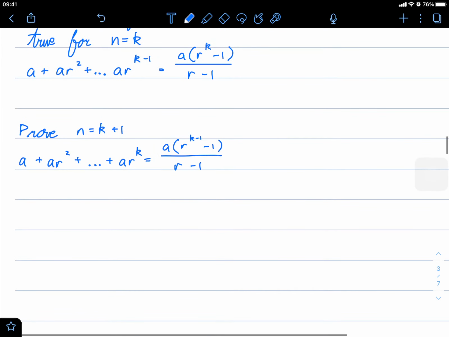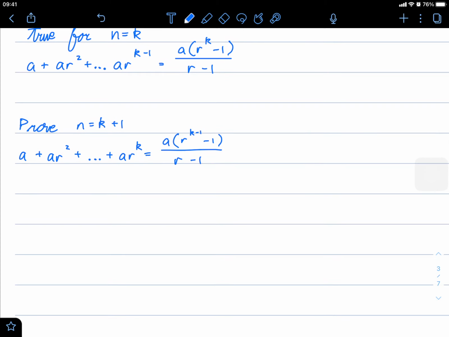Now from here, we look at the left-hand side, and we do a similar trick again. ar squared plus dot dot dot plus ar to the power of k. This is the k plus 1 term, but the term right before it is ar to the power of k minus 1.